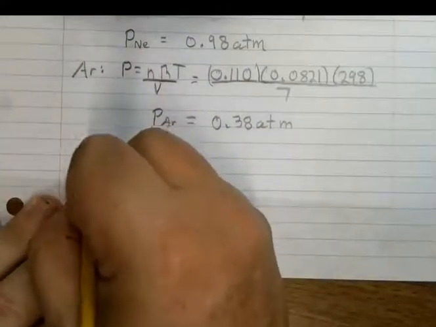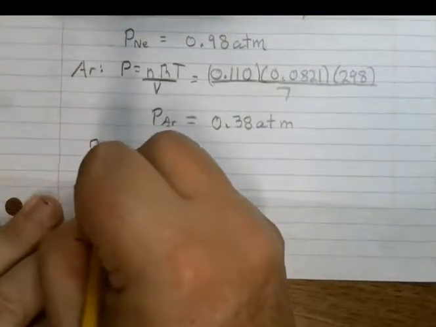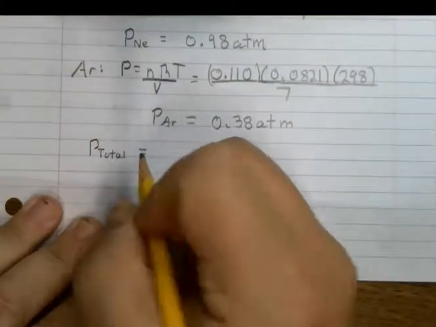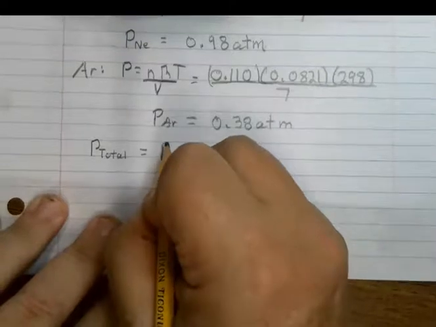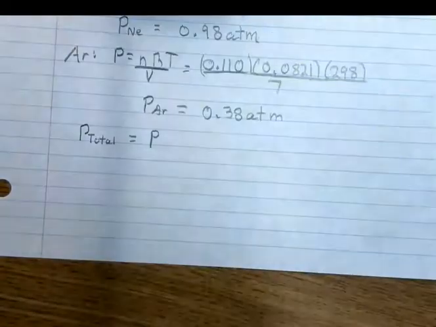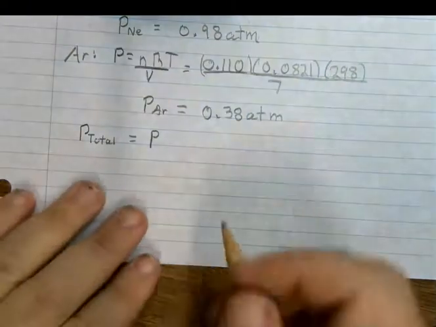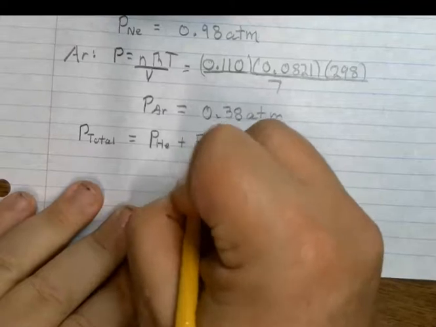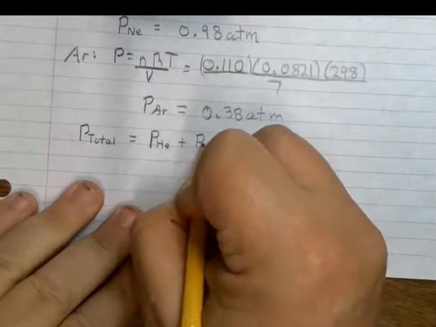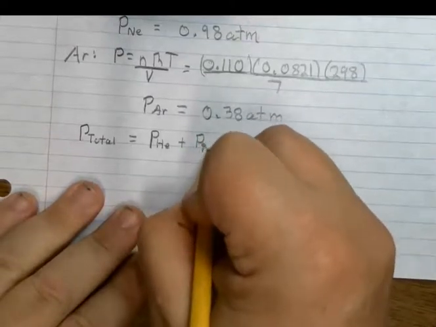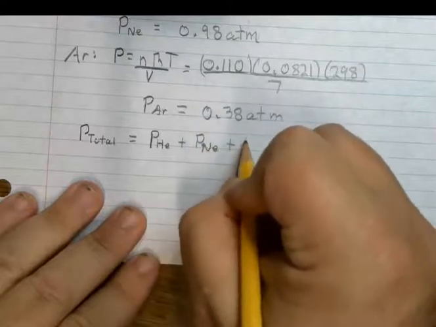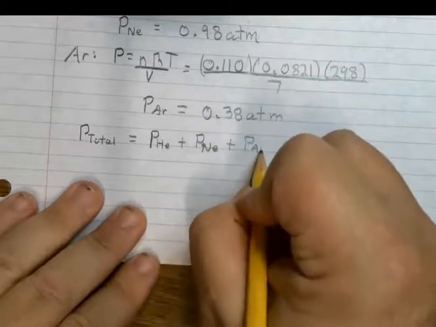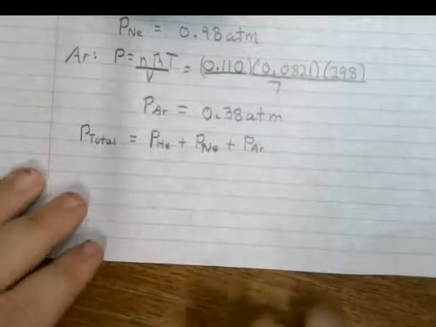So P total equals, in this case, P of helium plus P of neon plus P of argon. It's just a straight up addition relationship.